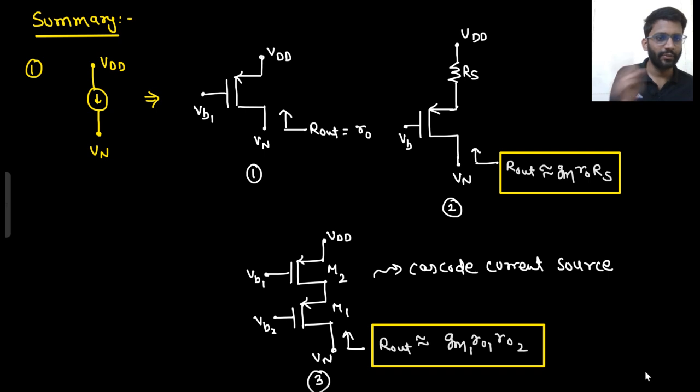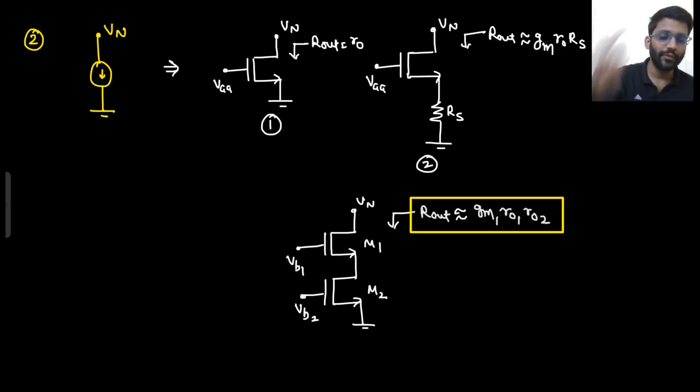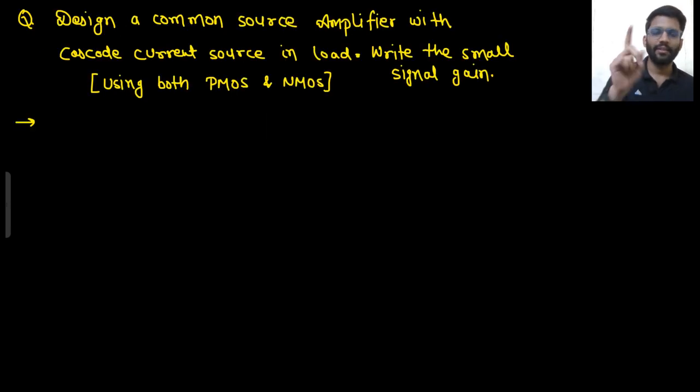So our target was to make a cascode current source. Now we have made the current source. What we will do with that? So let's understand by a question. You have to design a common source amplifier using cascode current source in the load. So in the load you are going to use cascode current source, and then you need to write down the small signal voltage gain. And you need to make the common source amplifier using both PMOS and NMOS.